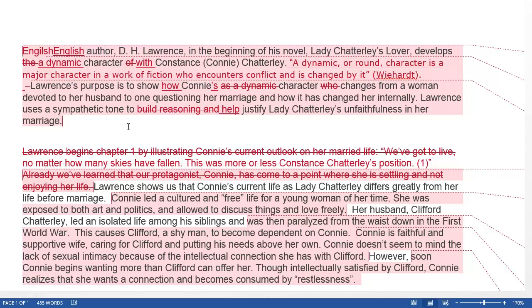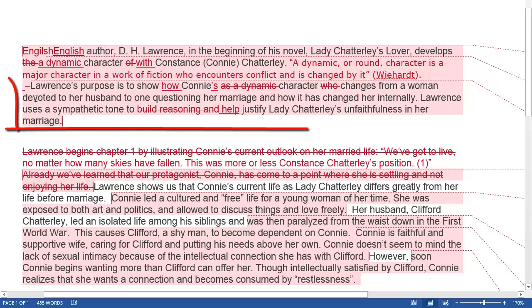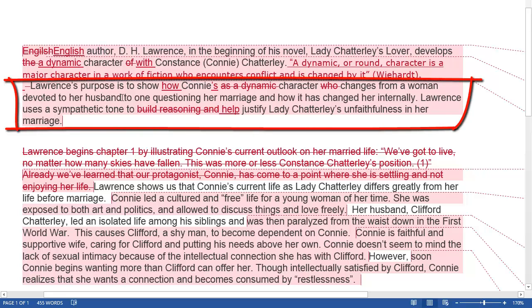Chelsea is saying that Connie is a dynamic character, and then this is what a dynamic character is, someone who is changed by a major conflict. So we can all recognize that this is happening without even reading any more. So she has to give us the purpose. So Lawrence's purpose is to show how Connie's character changes from a woman devoted to her husband to one questioning her marriage, and how it has changed her internally.